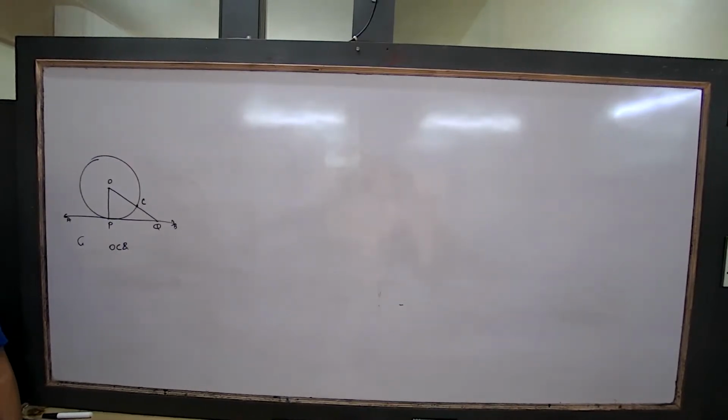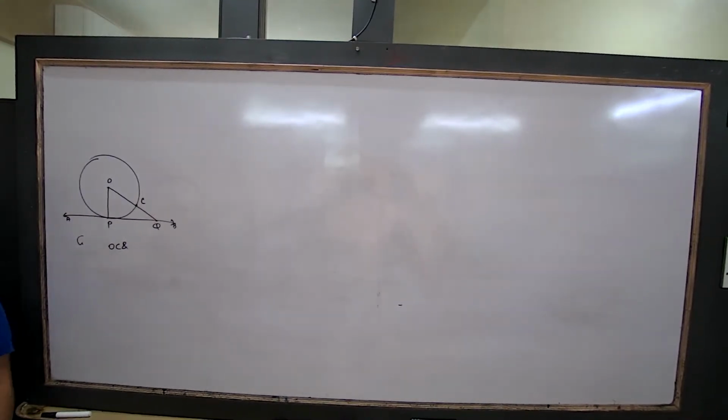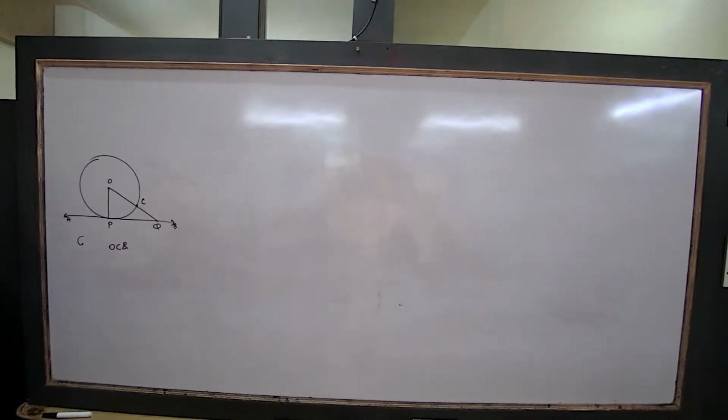Because if Q is going up, that line would not be a tangent anymore. So since OP is the shortest distance to tangent. Done. Hence proof. 3 marks. Alright. One proof.